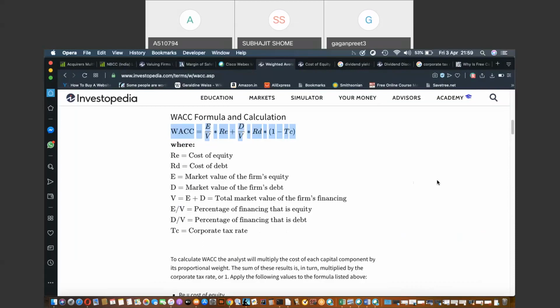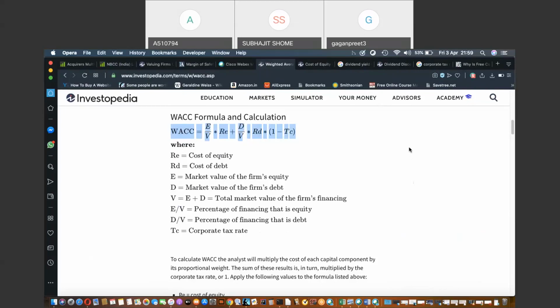Okay. So you need to first calculate weighted average cost of capital, then only you can use this formula: expected dividend per share divided by WACC minus growth. Unless you have WACC, you cannot have the denominator.